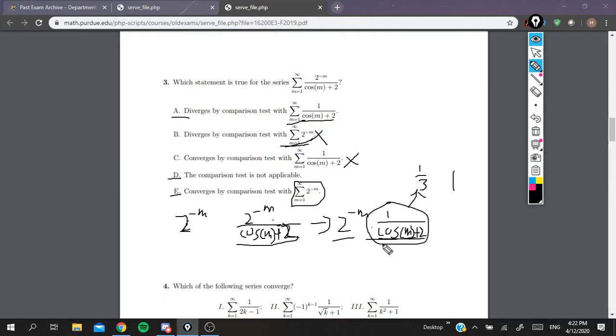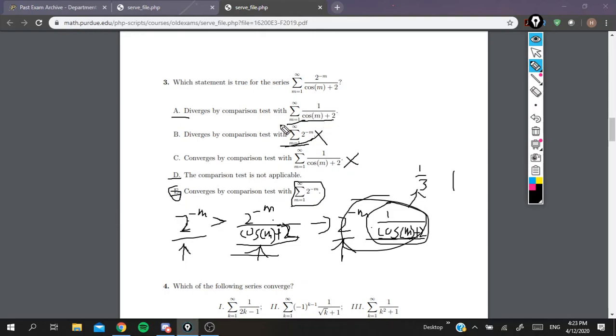So no matter what the value is, between 1/3 and 1, it will always make this whole series less than this series right here, since it's dividing by some number. So it will always be smaller than this series. And by the comparison test, this is a convergent series. So this series will be convergent since it's always smaller than that series. So E will be the answer.